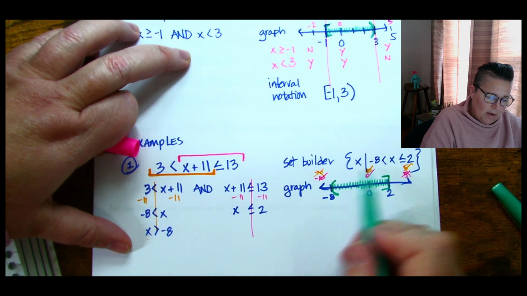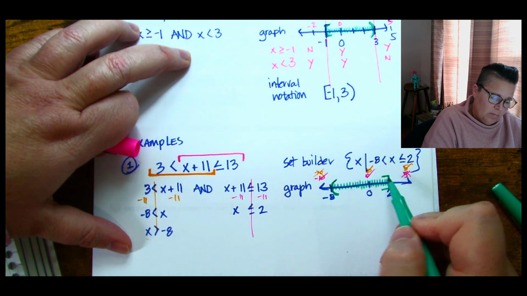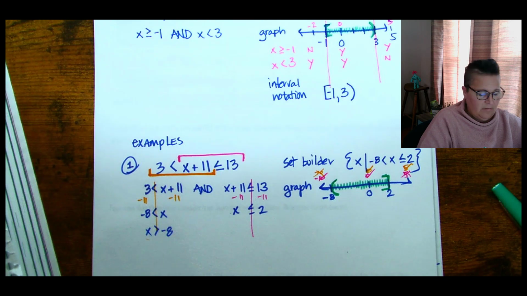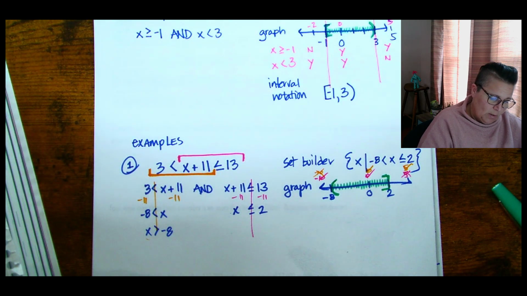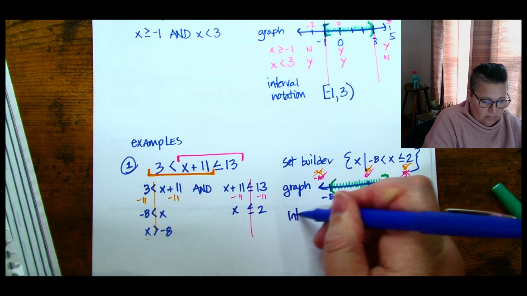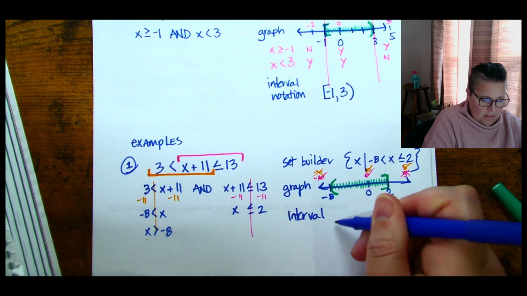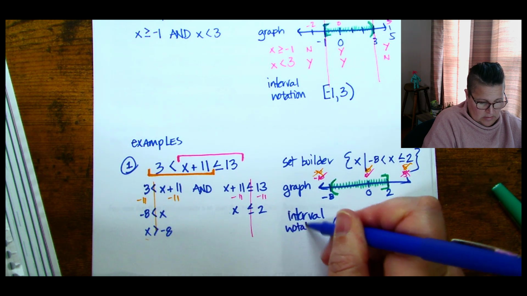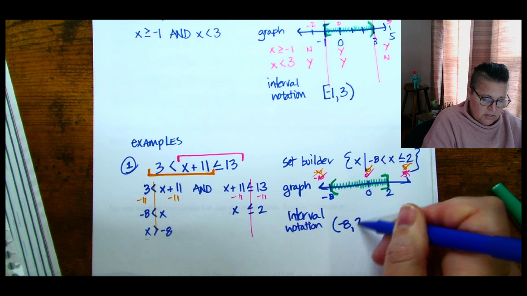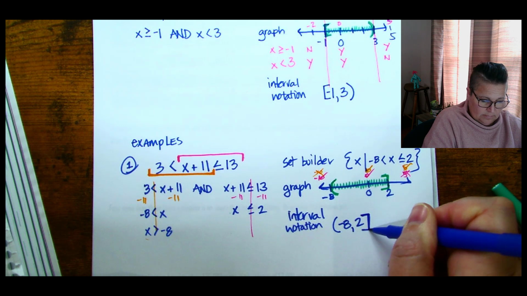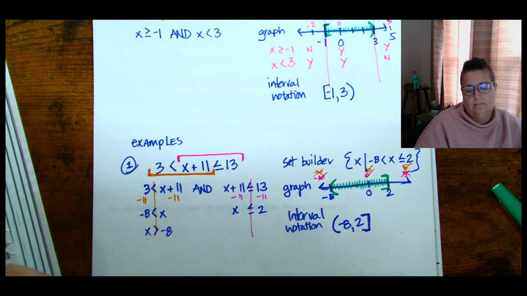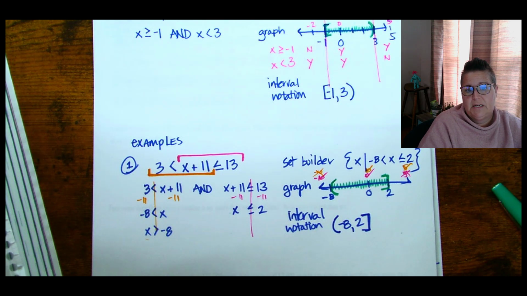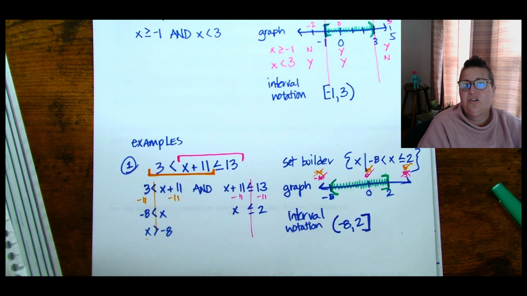So I want the graph this time to go from -8 to 2, where -8 is rounded and 2 is the square bracket, which means my interval will go from -8 rounded to 2 with a square bracket. Okay, that's what it looks like in interval notation. They do get harder, but that's the base.